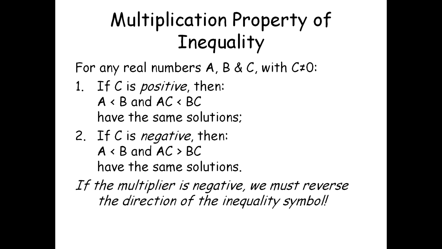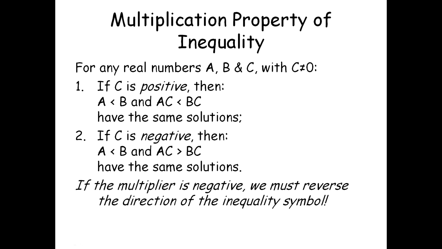The multiplication property of inequality is very similar to the multiplication property of equality. However, if you divide by a negative number, then we must reverse the direction of the inequality symbol.